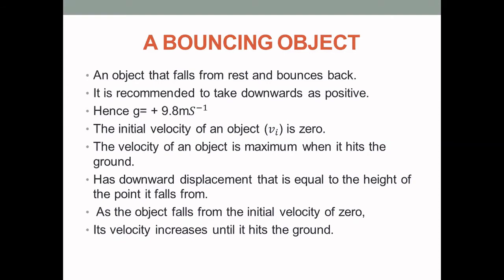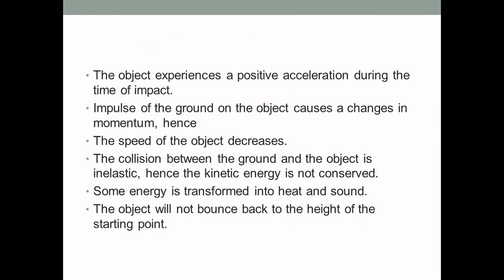So the initial velocity of the object is 0 because the object is dropped. The velocity of the object is maximum when it hits the ground. The object has a downward displacement that is equal to the height of the point it falls from. As the object falls from the initial velocity of 0, its velocity increases until it hits the ground.